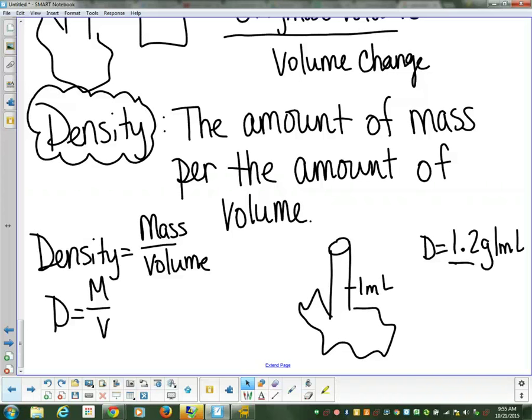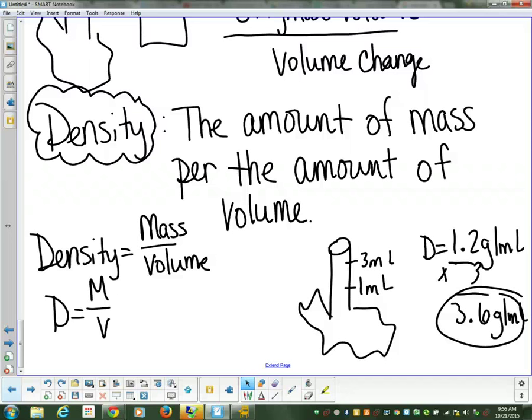So we could figure out how many grams it takes to displace the water up a certain amount. If we have 3 milliliters and I wanted to know how much mass is inside, I could multiply this by 3 and get 3.6 grams, and that's how much mass there would be in 3 milliliters of water.